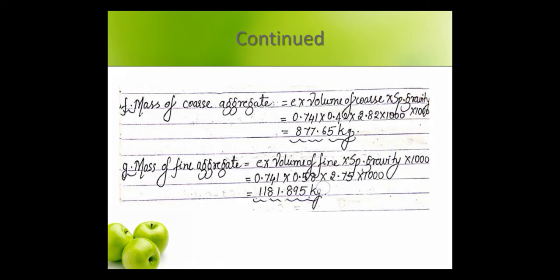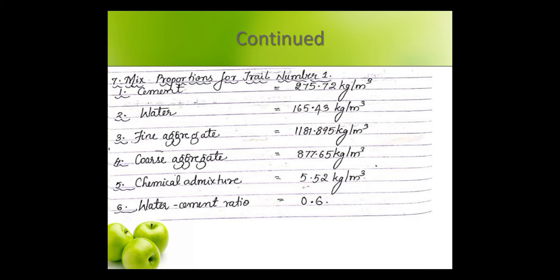So already I have got cement, water, fine aggregate, coarse aggregate, chemical admixtures, and water cement ratio. That you need to write separately by telling that mix proportion for trial number 1. This is just a trial you are going to do. So what you are going to get, cement, what is the quantity you have got, that is 275.72 kgs per meter cube.